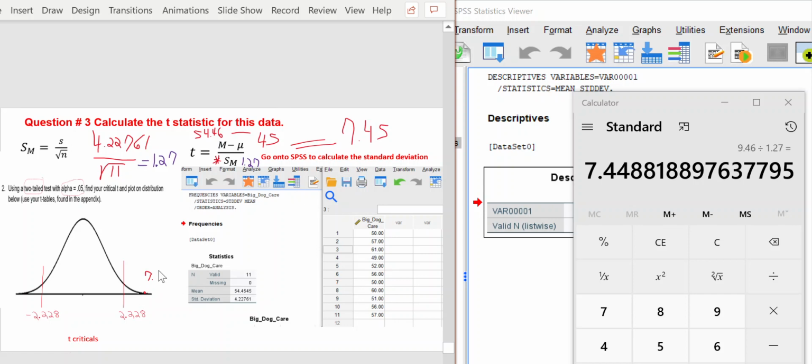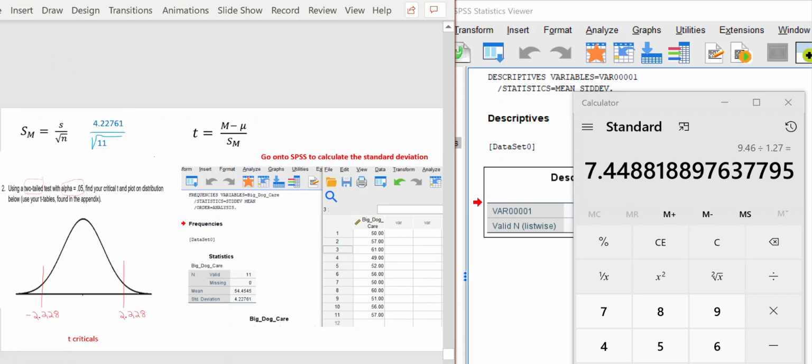That's where the T statistic is, right here. So there's definitely a significant difference between these groups. We know that it's past the T critical value, into the critical region, at 7.45. That's the T statistic. Now, let's move on to the next part of this question.